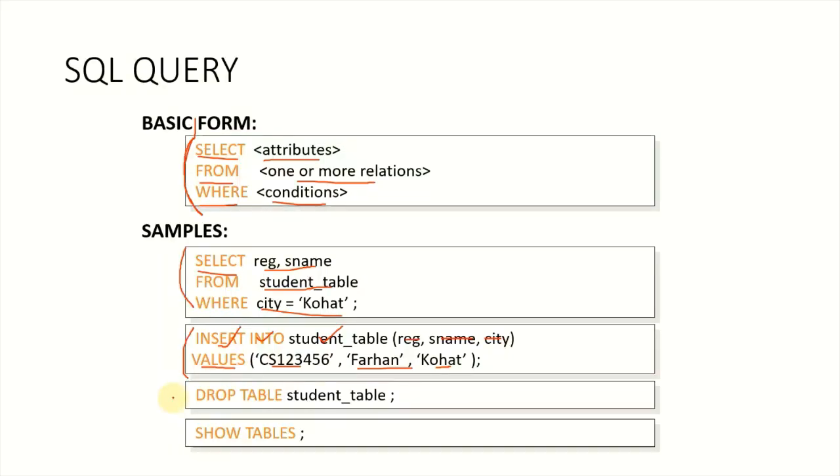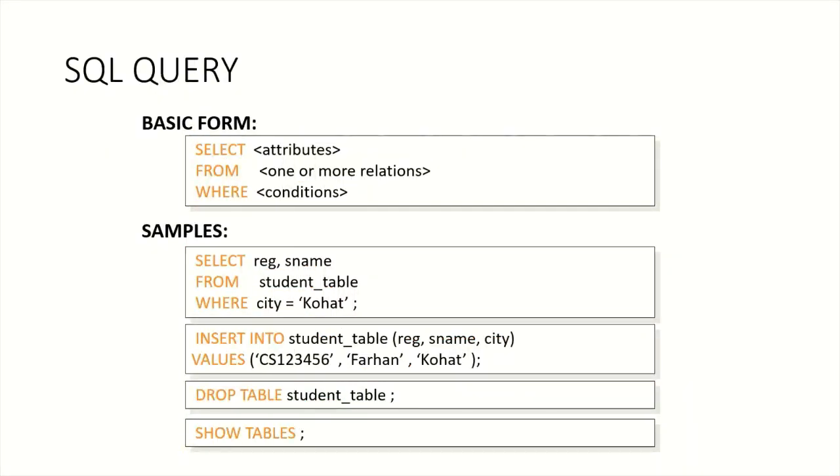We can delete a table by using this command. So it is a simple statement. We have some keywords and then the name of the table, or without any table name we can also execute a command to show all the tables stored in the database.